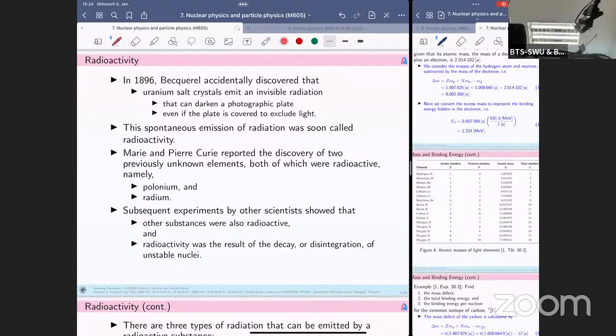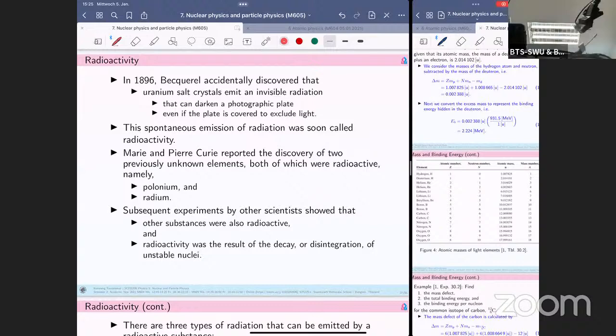Marie and Pierre Curie, who were a couple, reported the discovery of 2 previously unknown elements, both of which were radioactive, such as polonium. Have you ever heard the word polonium? Radium is also a radioactive element.